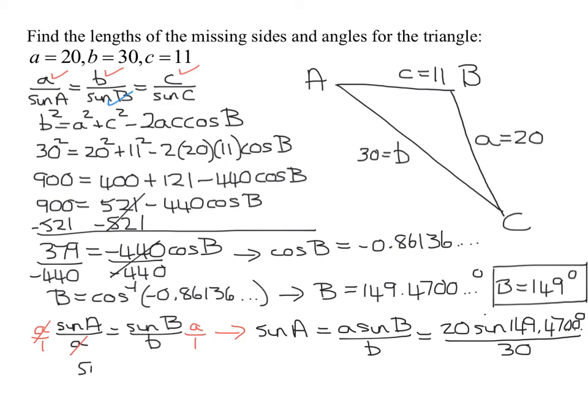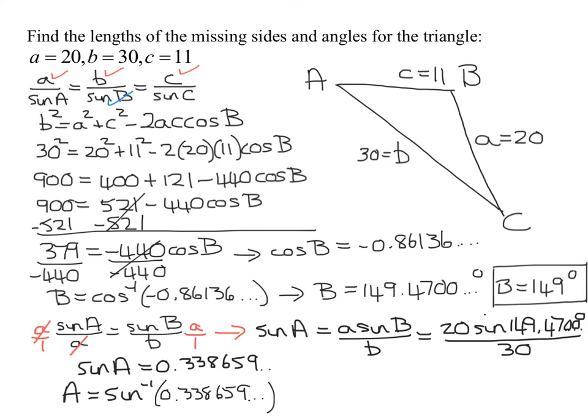So that is going to tell me that the sine of A equals 0.338659. So A is the inverse sine of that number. So when I put that in my calculator, I got A equals 19.79 degrees. So rounding that to the nearest whole number, I get A equals 20 degrees.